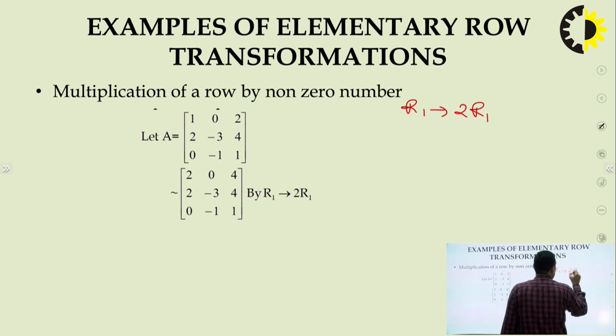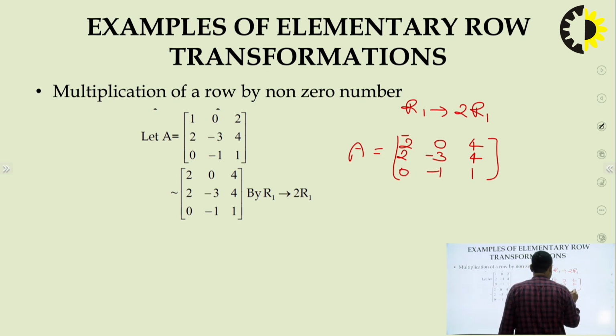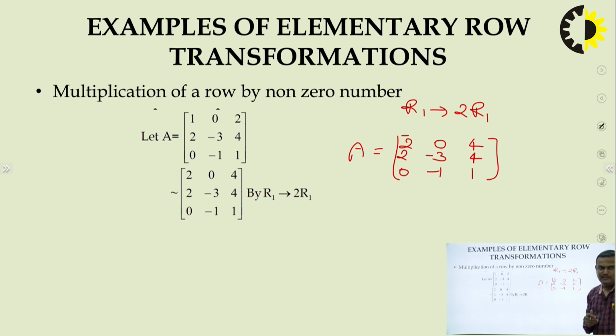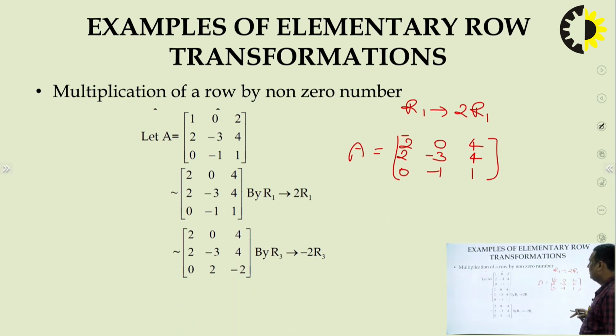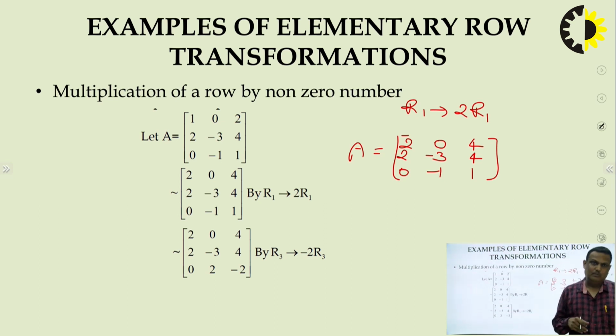Multiply 2 into R1, that is 2R1, and look at that: 2 0 4, 2 minus 3 4, 0 minus 1 1. So R1 becomes 2R1; this is the second operation, multiplication of a row by any non-zero number. Same: non-zero can be both positive and negative, like 2R1 or minus 2R3. If in the third row you multiply by minus 2, it is the same thing.